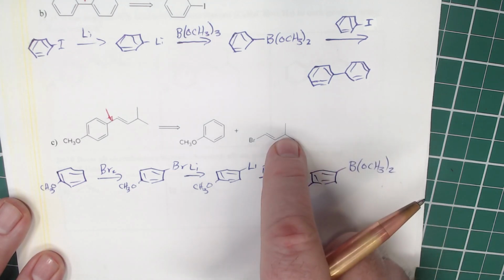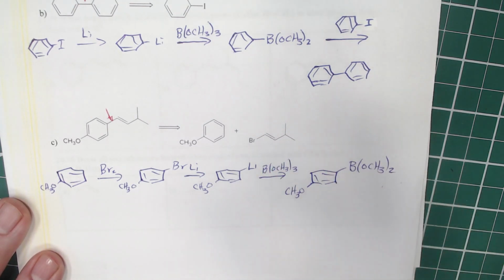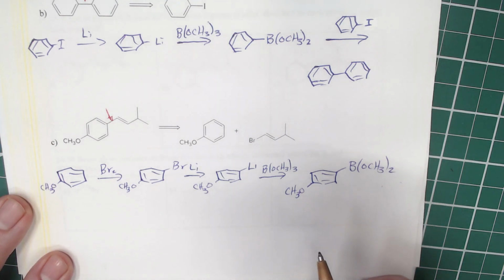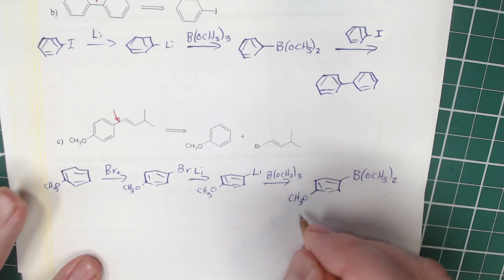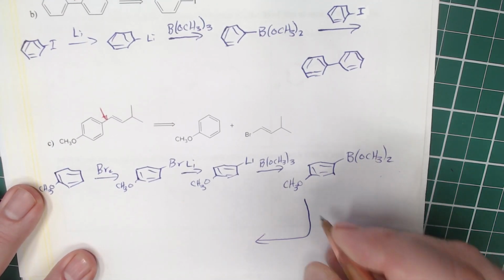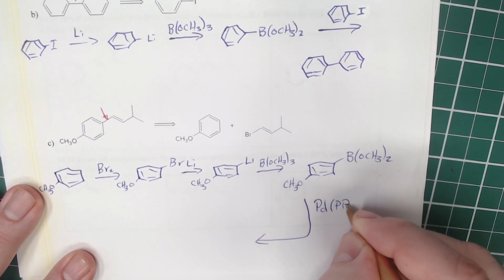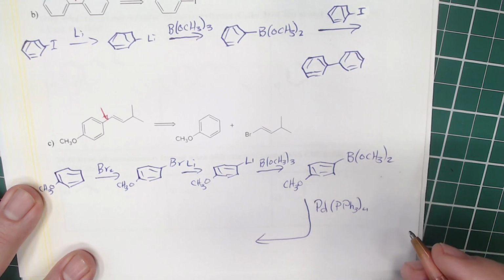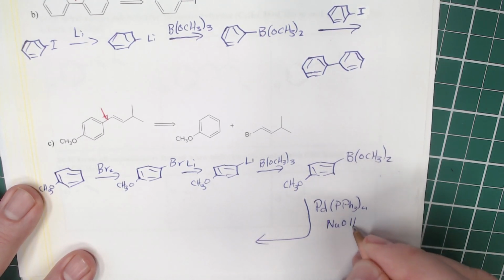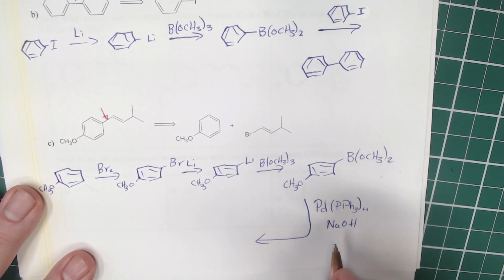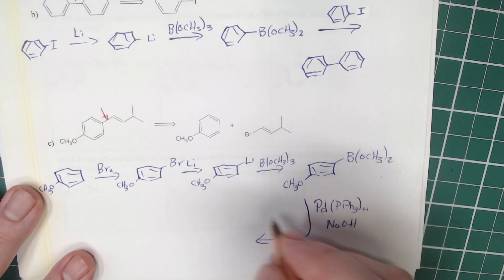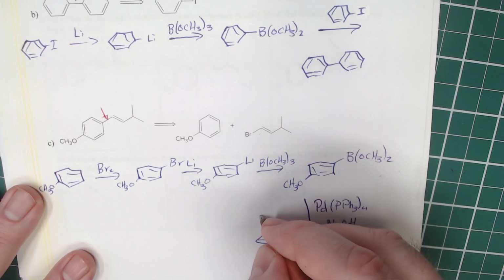Now we can use that organoborane plus our Suzuki catalyst, which is the palladium with the triphenylphosphine, and we can treat this. So we'll just take this with our palladium triphenylphosphine, that, and our sodium hydroxide, and then also this reagent here.